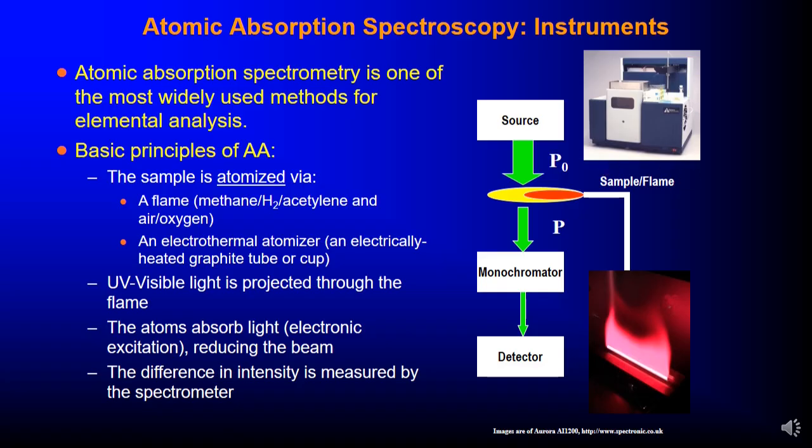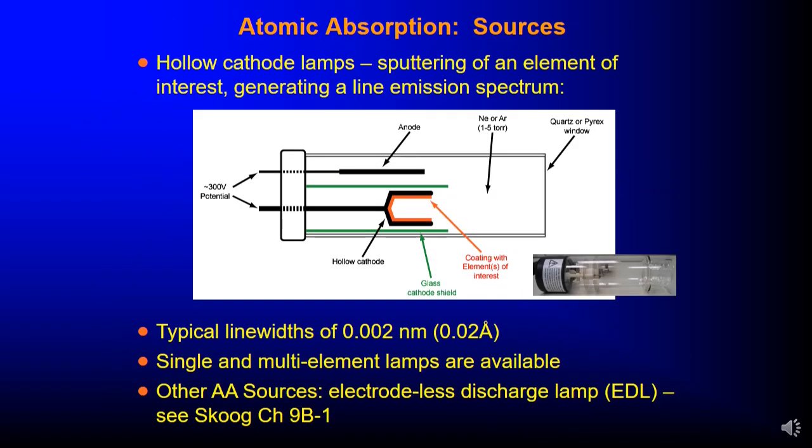Then the difference in intensity is measured by the spectrometer. You can see the source of light there, the hollow cathode lamps.